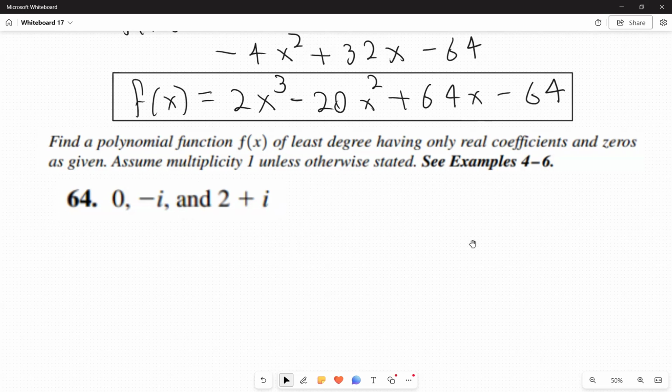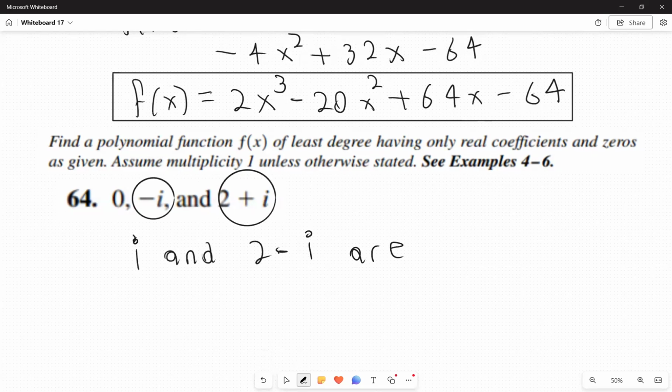So one of the things about complex zeros when the polynomial has real coefficients is that if a complex number is a 0, then the conjugate of that complex number is also a 0. So with that in mind, i and 2 minus i are also zeros.